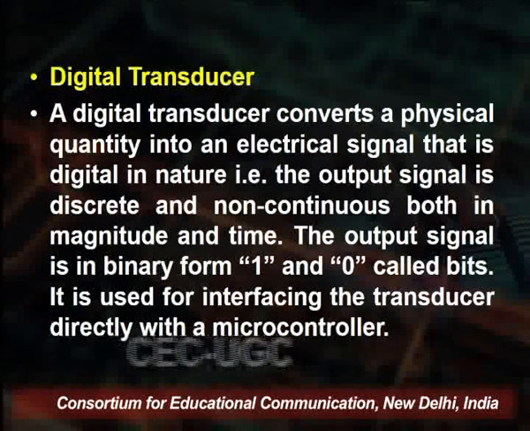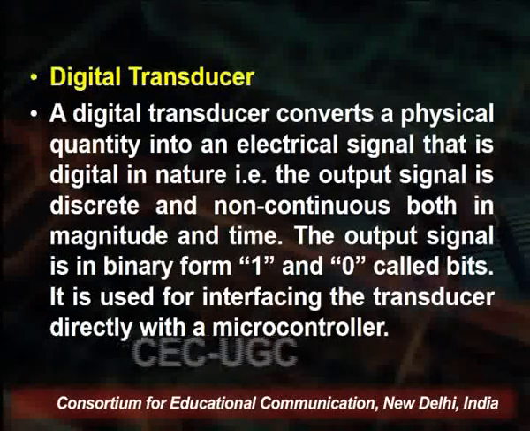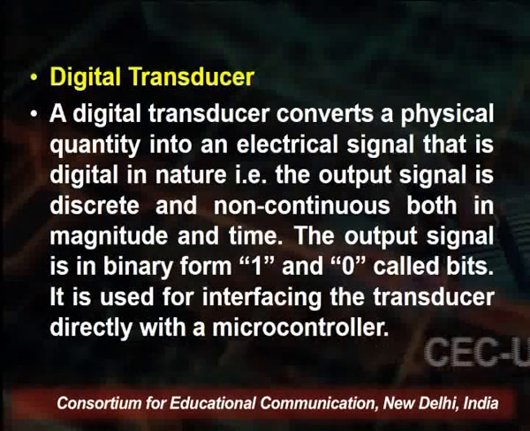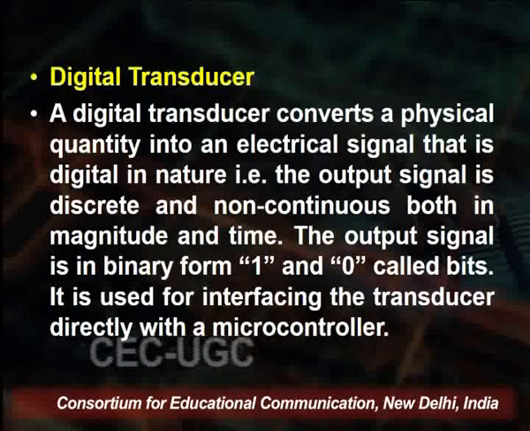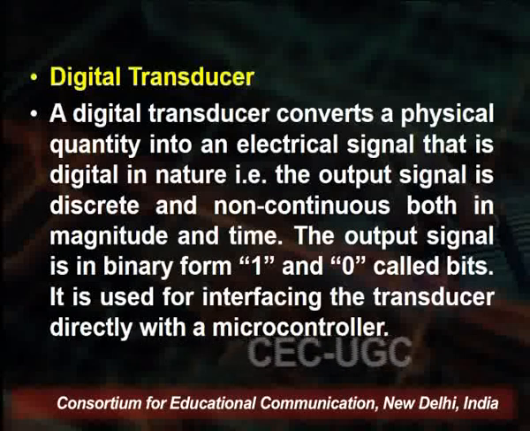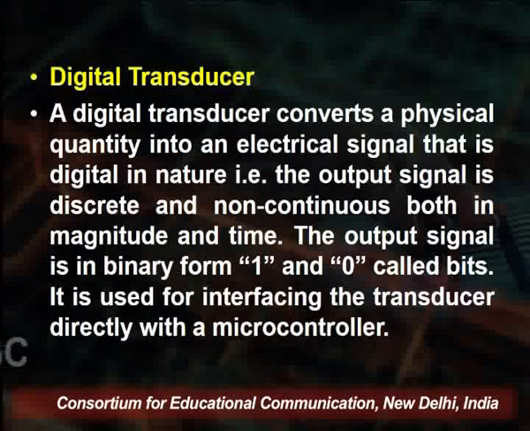Second type is the digital transducer. As we know, digital uses 0 and 1, the binary numbers, and the output is in on and off type. So a digital transducer converts the physical quantity into an electrical signal, and the output is digital in nature. The output signal is discrete and non-continuous, both in magnitude and time.